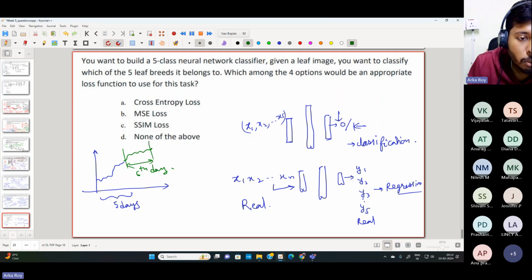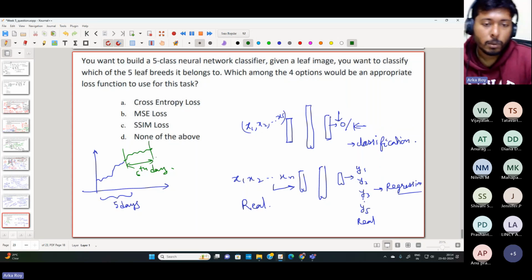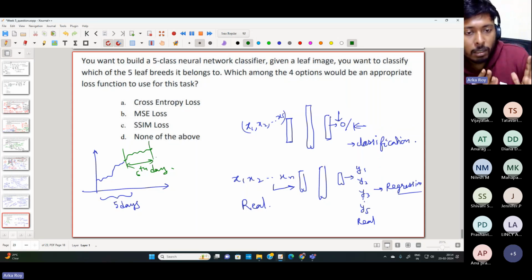That means you need to generate some real numbers for this. So this problem is called a regression problem. Those problems are called regression, and for those operations, you have to use the MSE loss function.